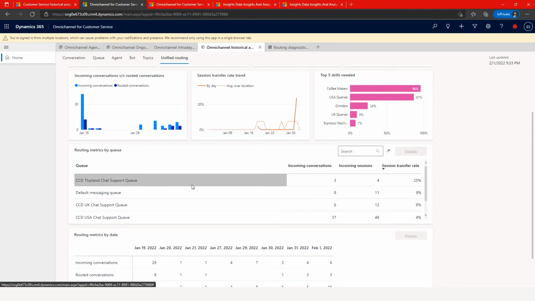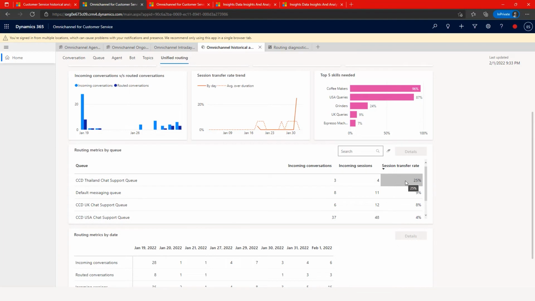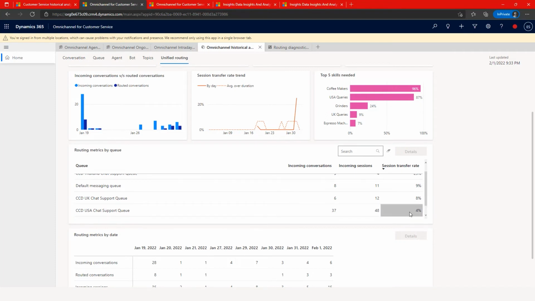When she looks at this data, she realizes that the Thailand support queue has the maximum transfers out, because the number of conversations is also less. There's a 25% transfer rate here. Even the USA chat queue has the maximum transfer rate percentage when compared in absolute terms.